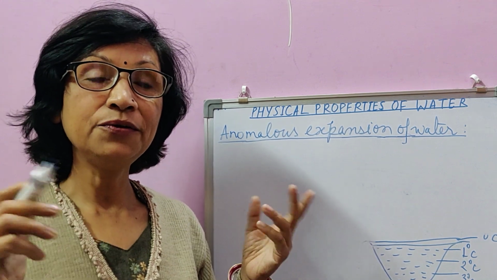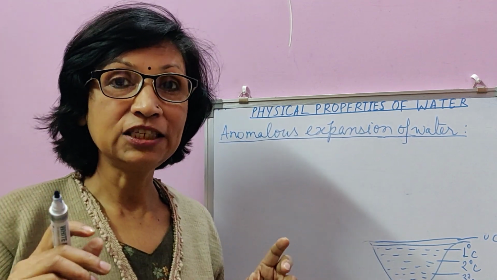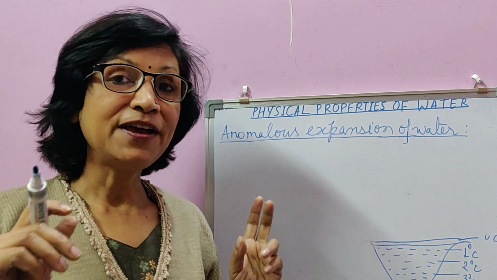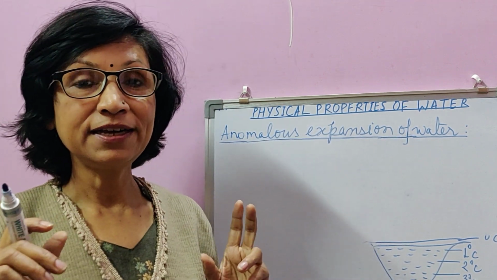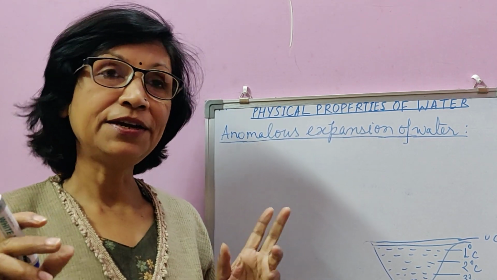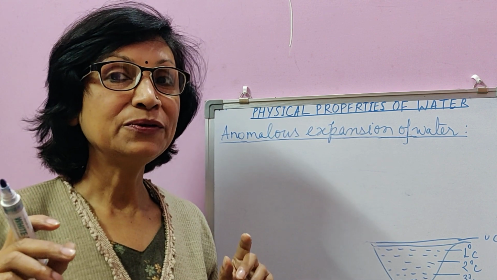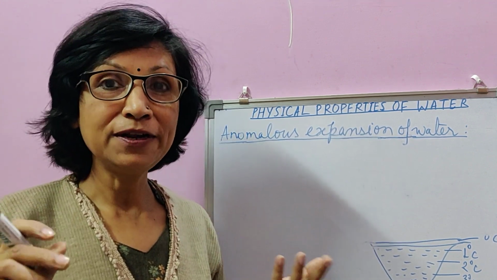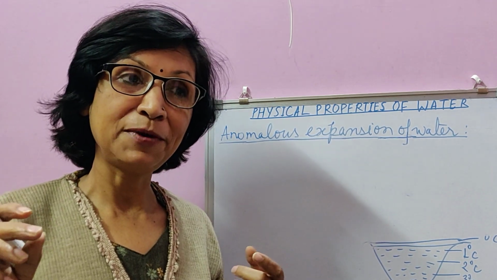Also, water is very unique for having very high specific heat capacity, due to which it is very useful as a coolant and also as a heating agent. Water's latent heat is also very high, due to which it is useful in some other way. We will discuss that some time later.